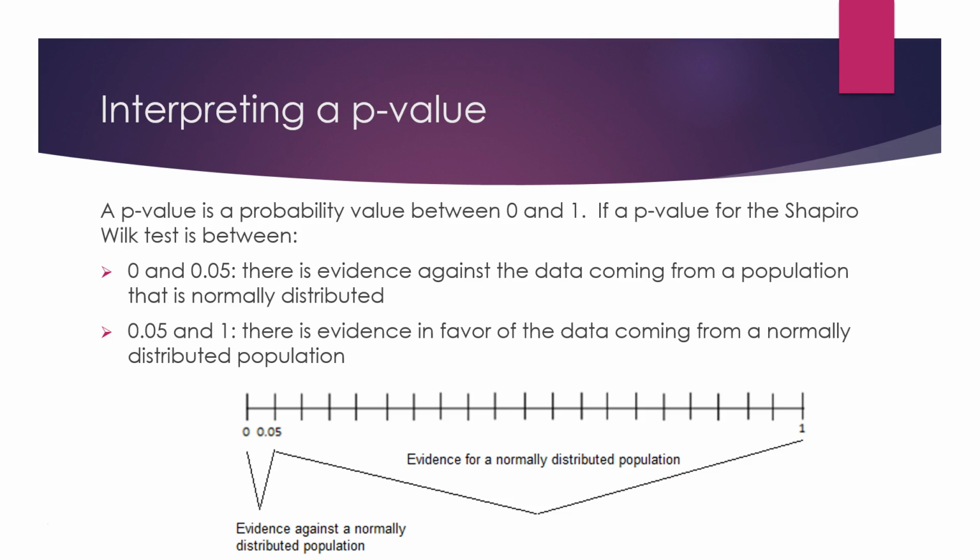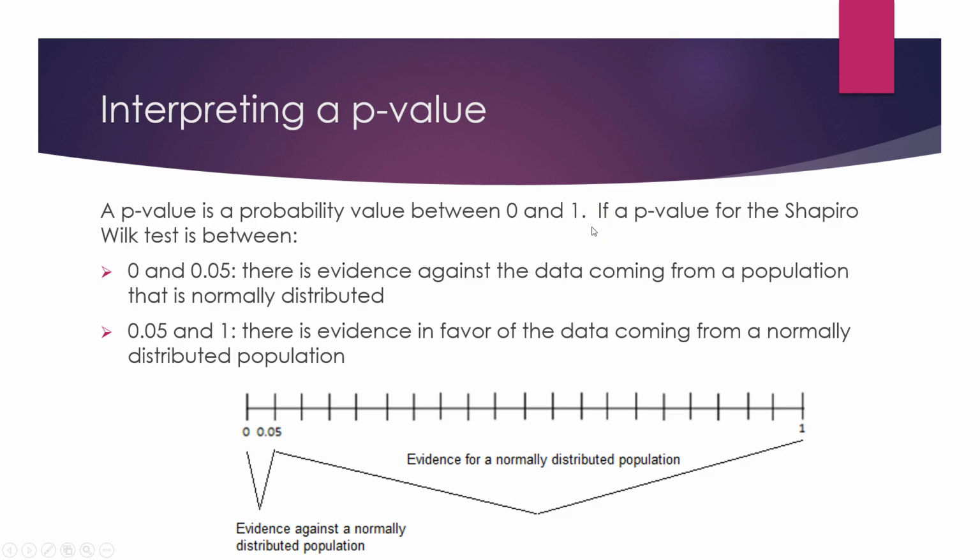So there's two cases with a p-value that we're going to break this down into. First of all, a p-value is a probability. So you can't have a probability of something happening less than 0% or more than 100%. So this corresponds to probability values of 0 and 1.